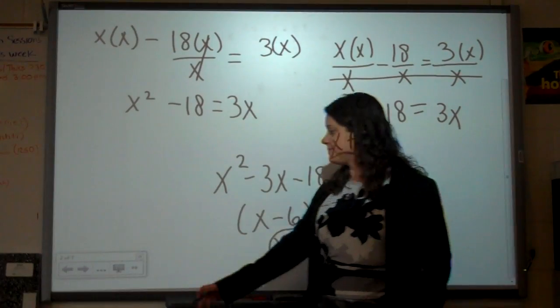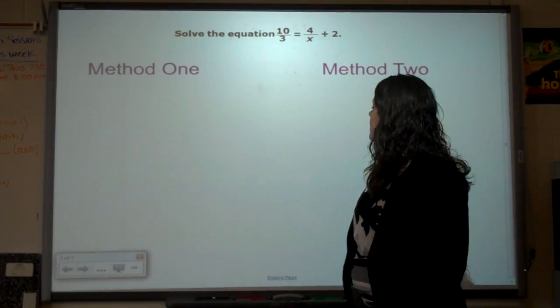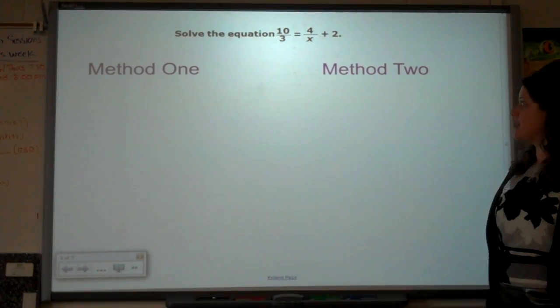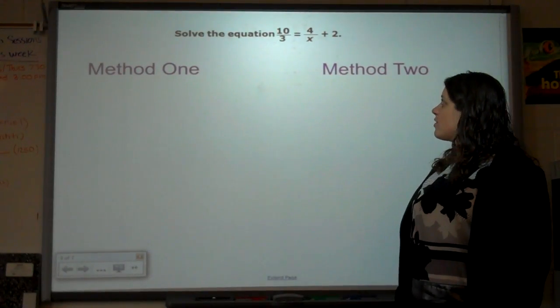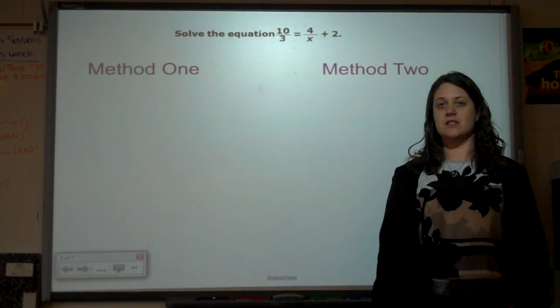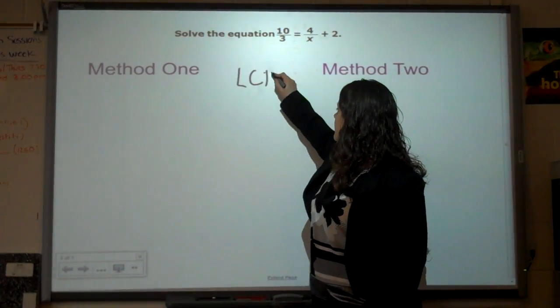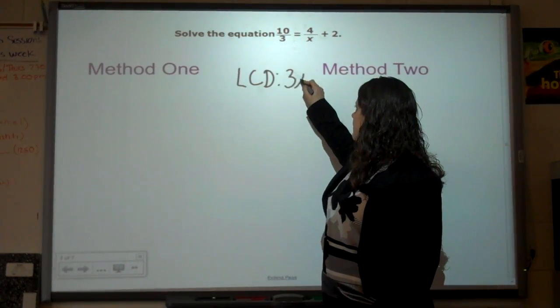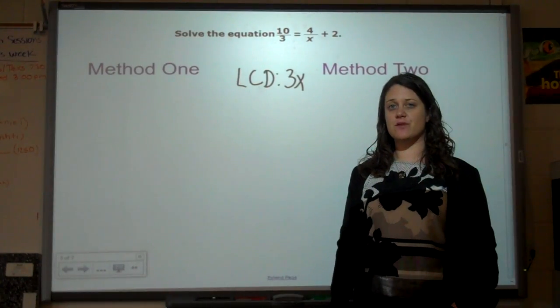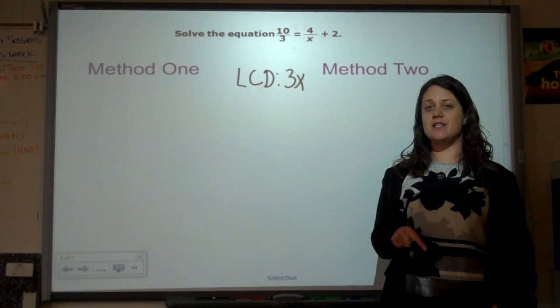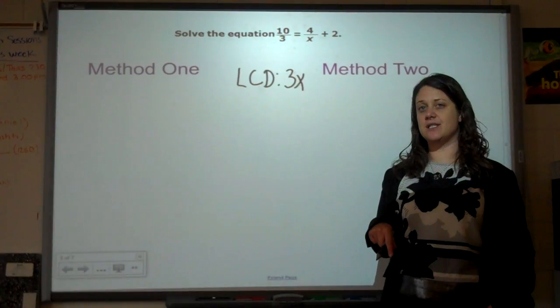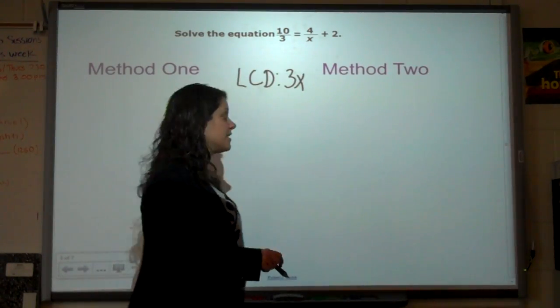Alright, let's try another one. We have this equation up here that's 10/3 equals 4 over x plus 2. So first we need a least common denominator, which is going to be 3x. For the first method, we're going to multiply each term by that to cancel out the denominator. So let's try what that would look like.